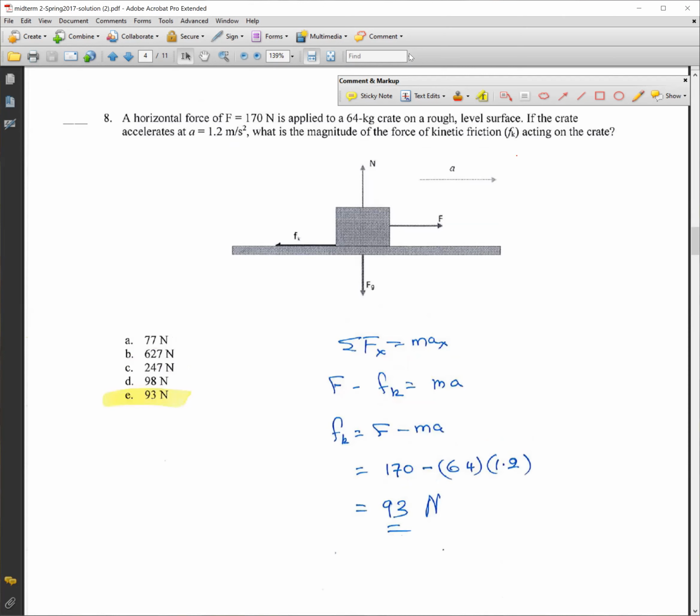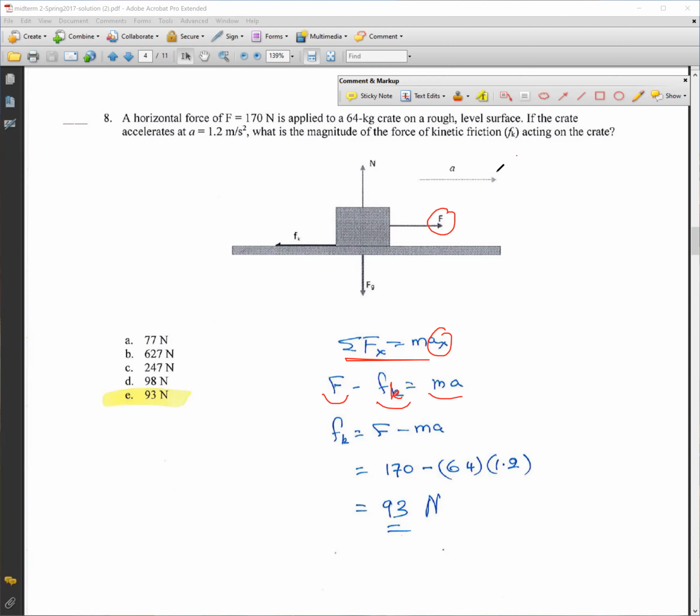So let's bring the pen. The force here is just horizontal, which makes things even easier. The net force along x is equal to mass times acceleration. So I'll have the acting force as positive minus friction, which I take as Fk, of course kinetic friction because it's moving, equals mass times acceleration.